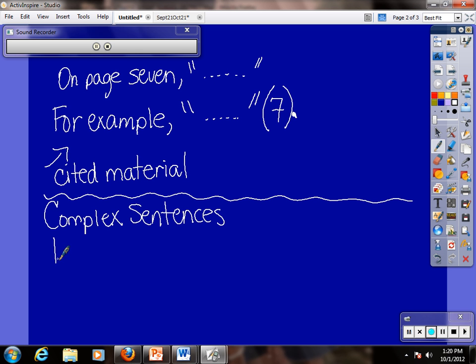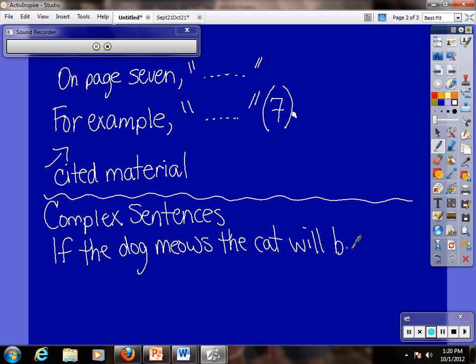So if the dog meows, the cat will bark. Alright, so if the dog meows, the cat will bark. I have to have a comma here. This is my dependent clause. I have the dog as a subject, what's the dog doing? Meowing. This is my subordinating conjunction.